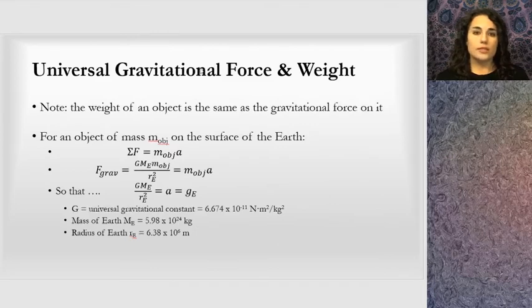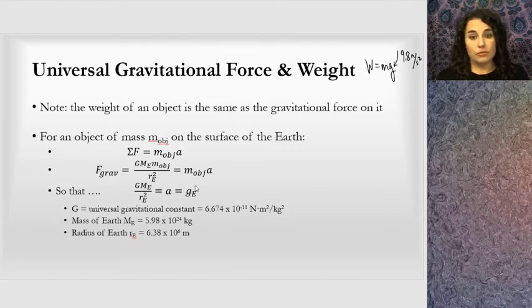Something to know is that the weight of an object is the gravitational force on an object. When we're near the surface of a planet and we know the gravitational acceleration, we can just say weight equals mg. And this is a known term for Earth, 9.8 meters per second squared.